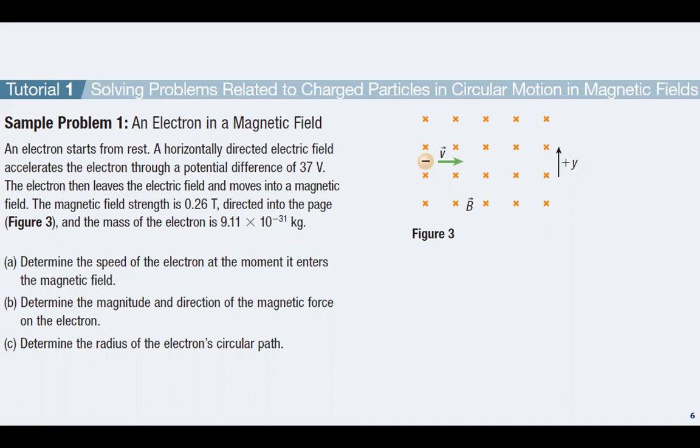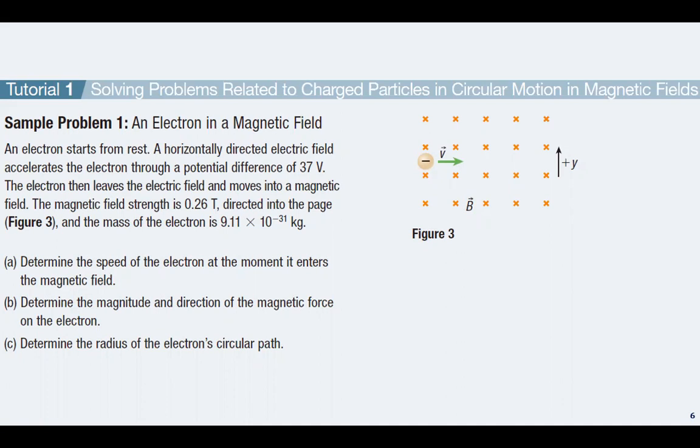The electron then leaves the electric field and moves into a magnetic field. The magnetic field strength is 0.26 teslas, directed into the page, which is shown here in figure 3. And the mass of the electron is also given, which is 9.11 times 10 to the negative 31 kilograms.